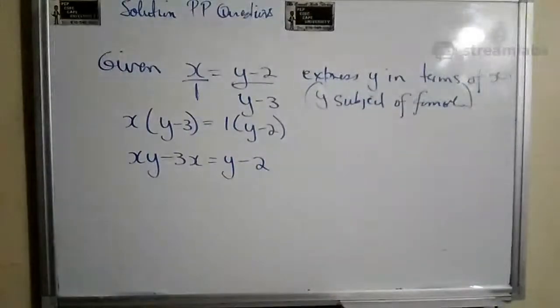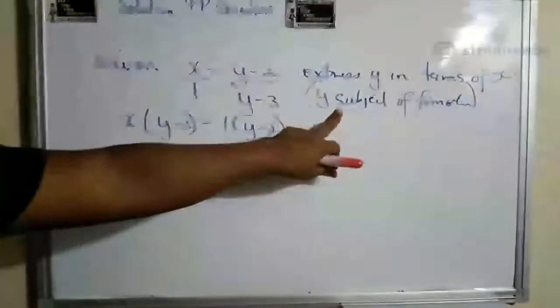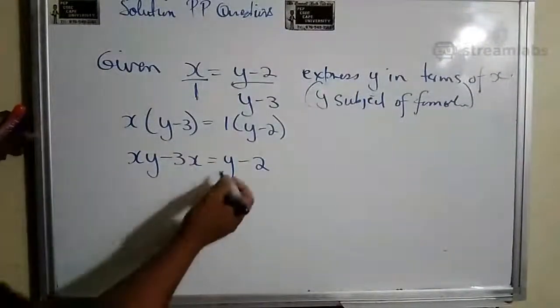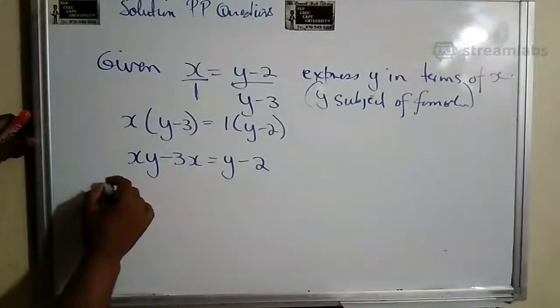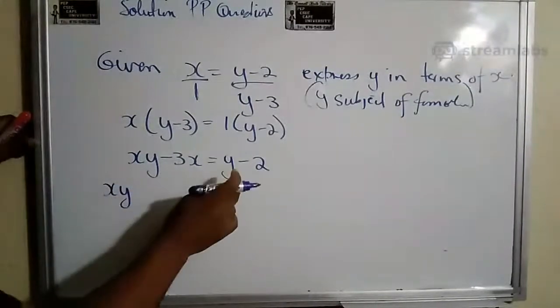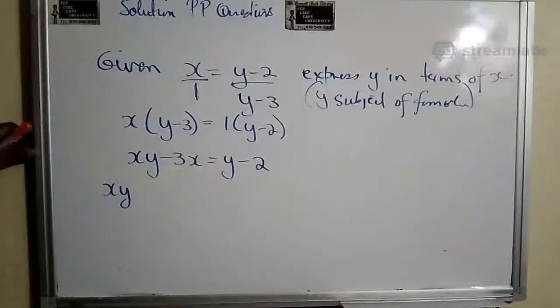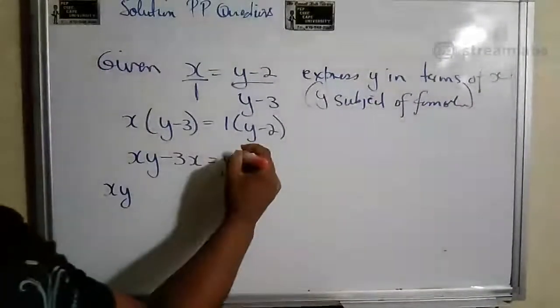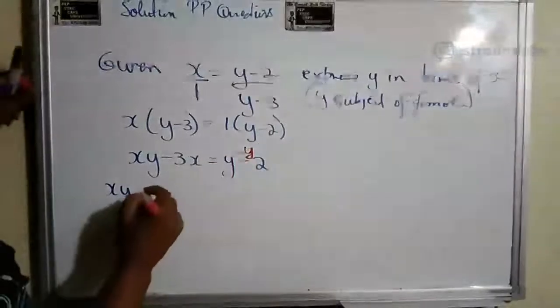Remember, our objective is to get y by itself. So what we need to do is group the y's, right? So we're going to subtract this y from this side. That's the language. So this is a positive y, so we minus y. Remember, we're just doing the inverse.